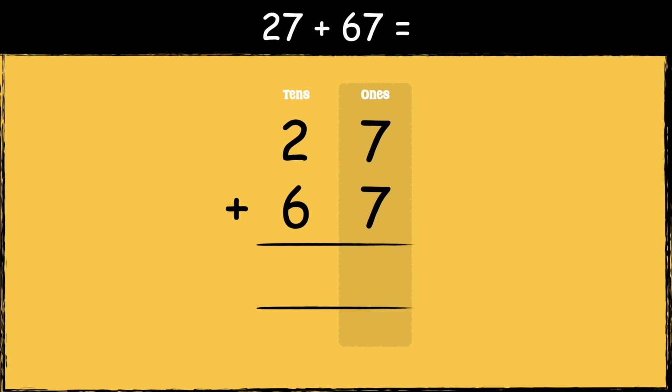So we start with the ones. 7 add 7 is 14. We carry the 10 below in the tens column. Now we need to add the digits in the tens column. 2 add 6 add 1 equals 9. So the answer is 94.